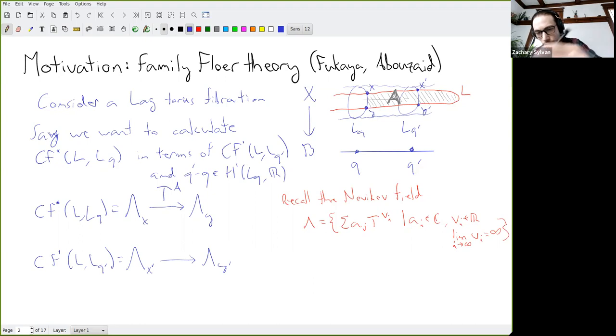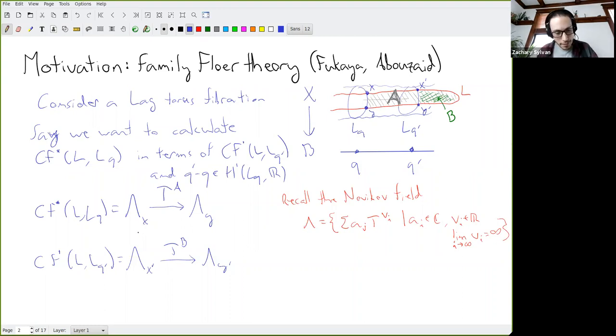Here's y prime. And now the differential is multiplication by something smaller. It's by this smaller area B, right? So the differential is multiplication by t to the B.